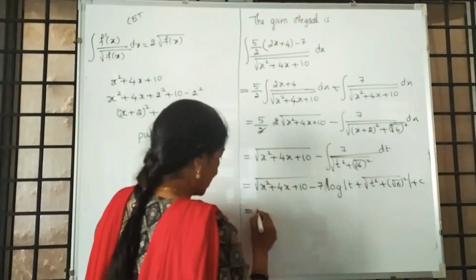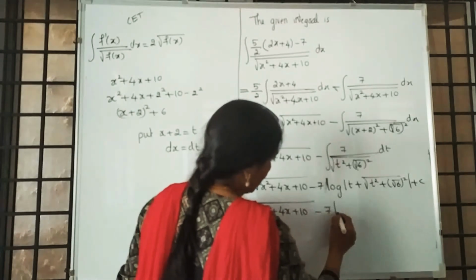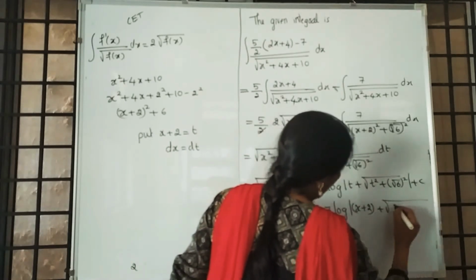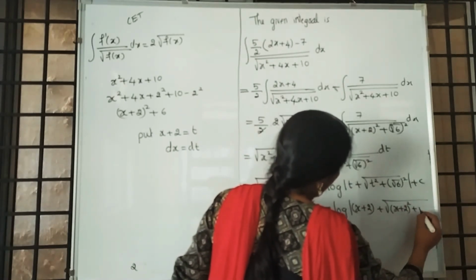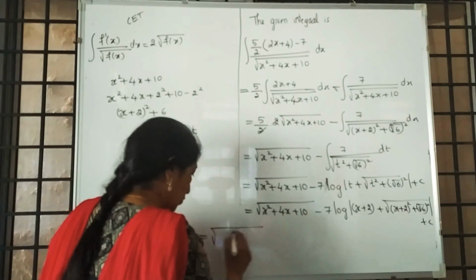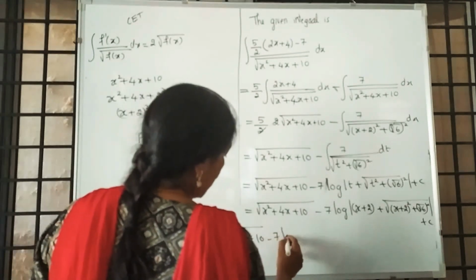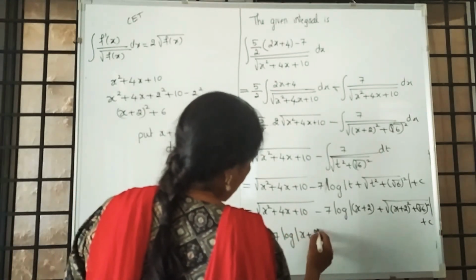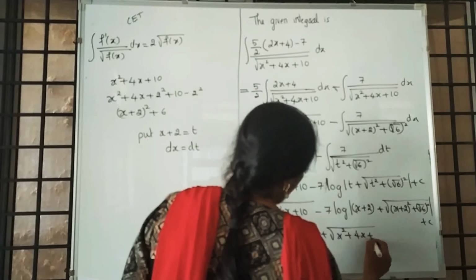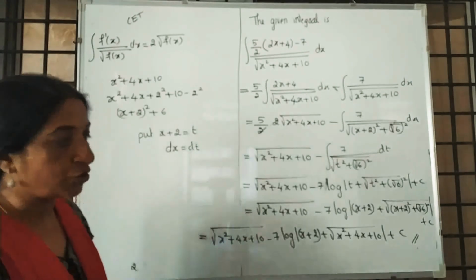Write down the t value: it is root of x square plus 4x plus 10 minus 7 log of x plus 2 plus root of x plus 2 whole square plus root 6 square, or it will be written as root of x square plus 4x plus 10 minus 7 log of x plus 2 plus root of, when you expand this, x square plus 4x plus 10, plus c. Next we have two multiple choice questions.